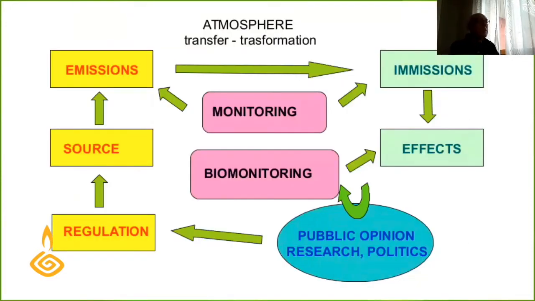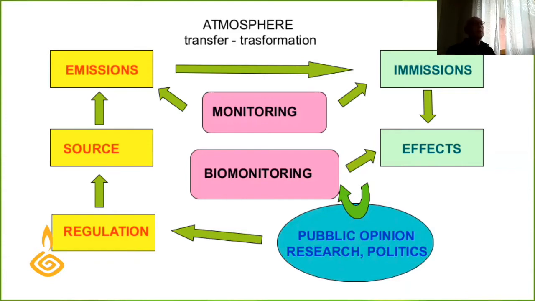And it's also very important because if we check this graph, we see that normally we have a source of emissions, normally a chimney, and we have sensors or devices measuring what is escaping from the chimney, so-called emissions. In the atmosphere, we have the transfer and the transformation of the pollutants released from the chimney.